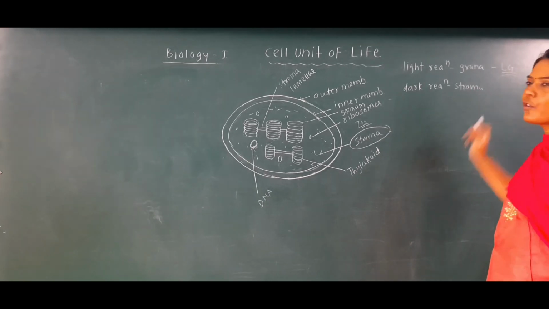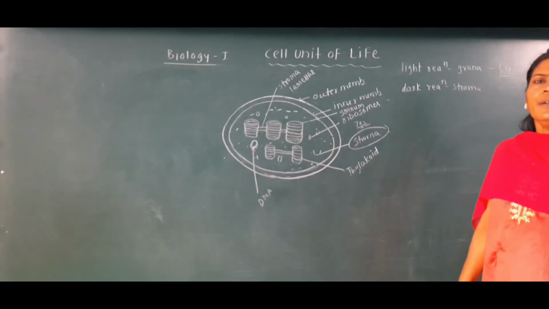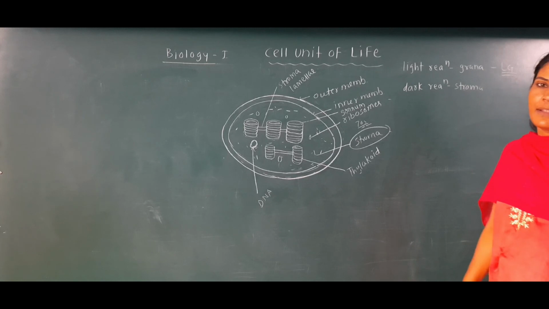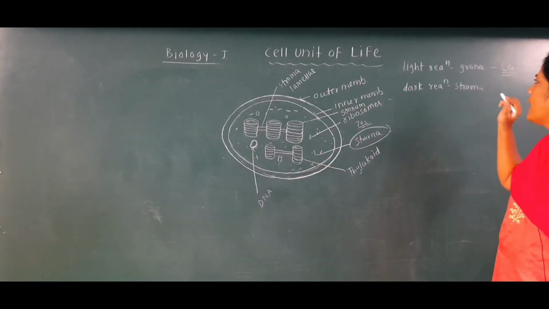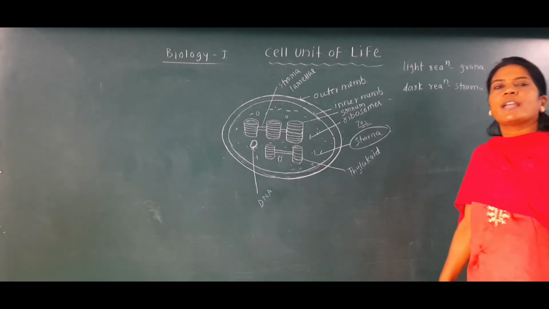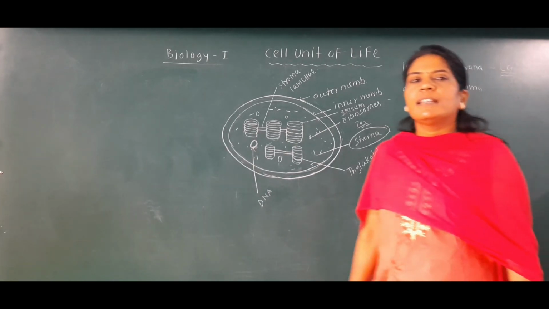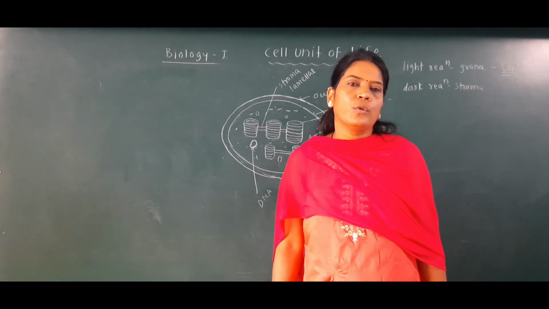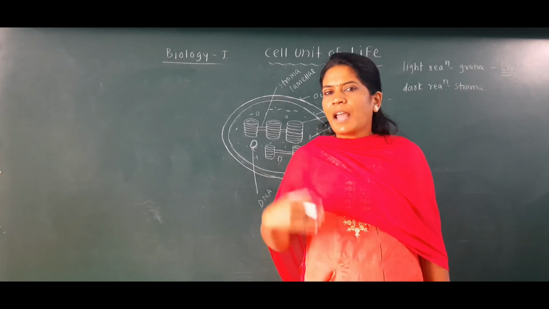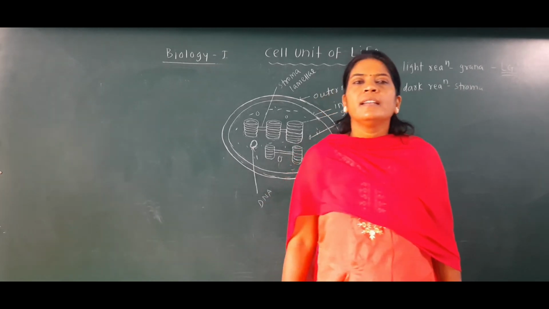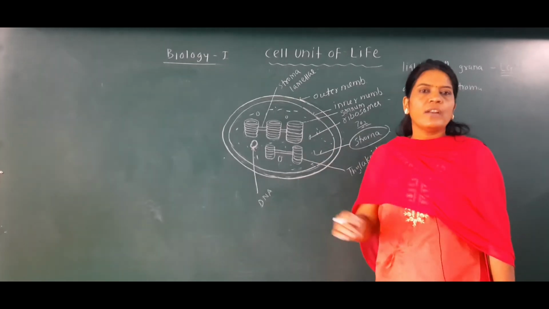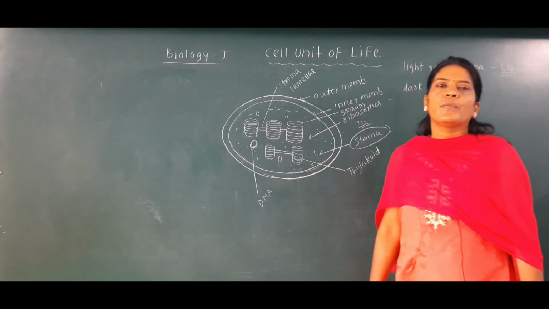LG is an electronic company. In that, L stands for light and G stands for grana. So it is called LG. And when you remember LG, you can easily remember the dark reaction which is found in the stroma part of the chloroplast.